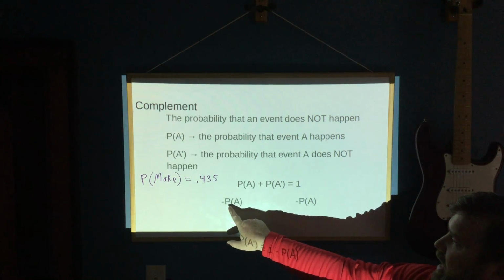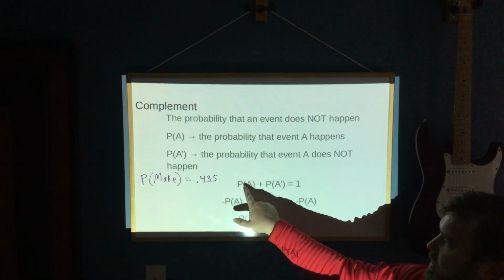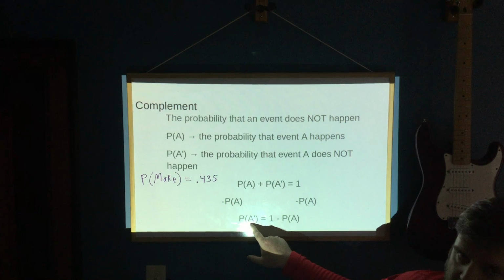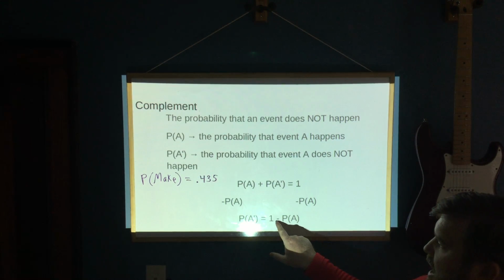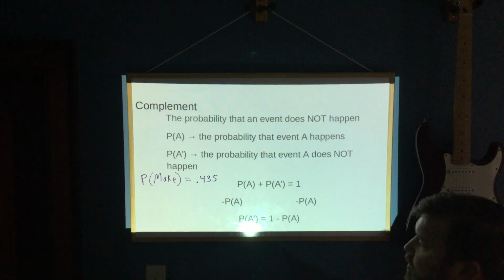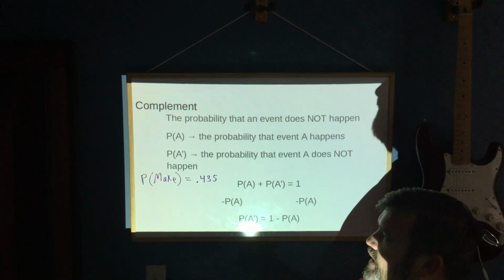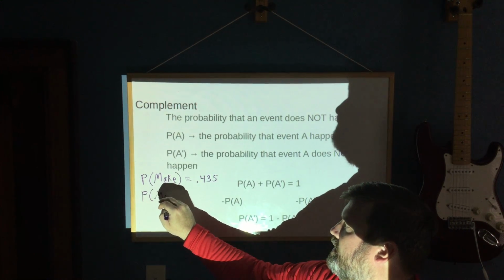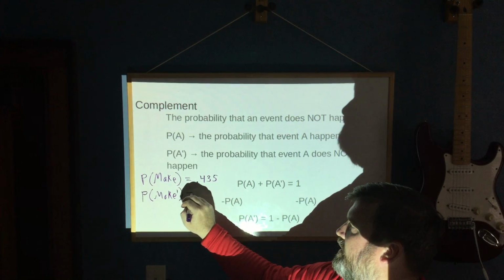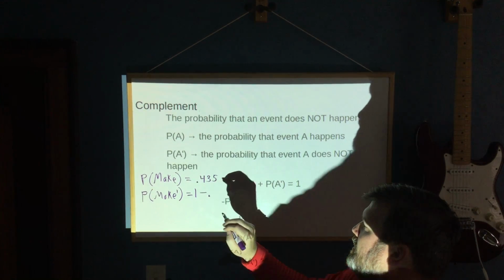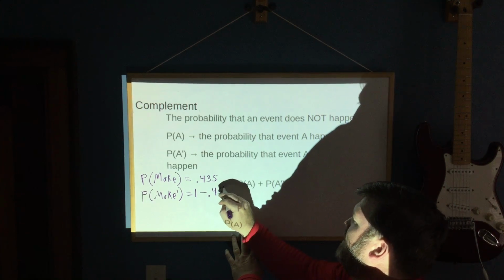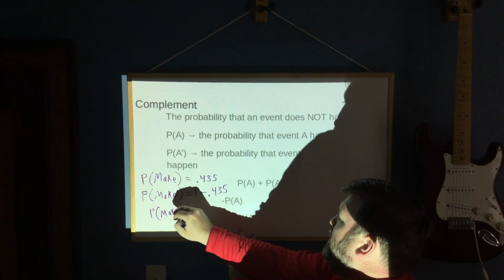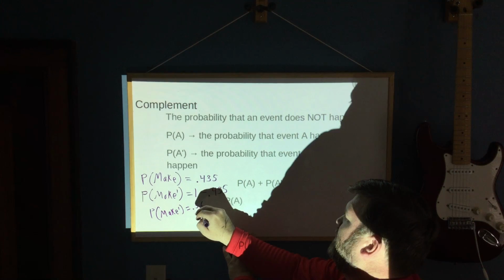So we subtract the probability that something will happen from both sides, and we get that the probability that something won't happen, the complement, is equal to 1 minus the probability that it does. So the probability that Stephen Curry will miss a shot, the complement of making it, is 1 minus the probability that he does make it, which is 0.565.